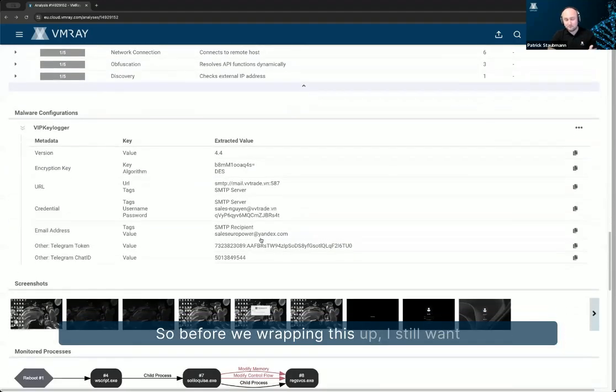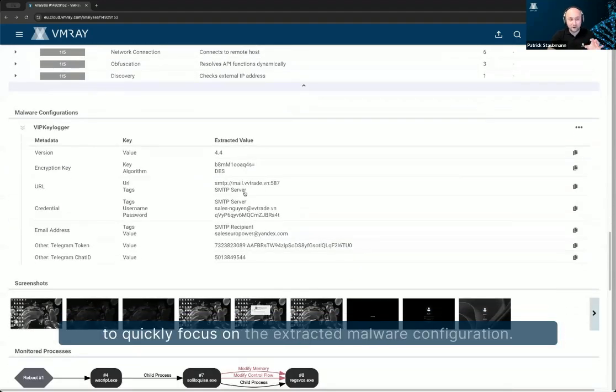Before we wrap this up, I still want to quickly focus on the extracted malware configuration, which is very important when it comes to threat intelligence data. In this case we see this is keylogger version 4.4. That's just part of the encrypted, embedded config. There is an encryption key, which is the key here, but we also extract the algorithm.